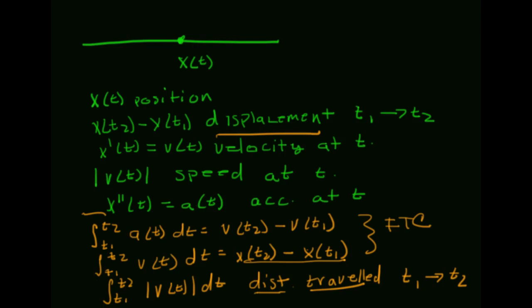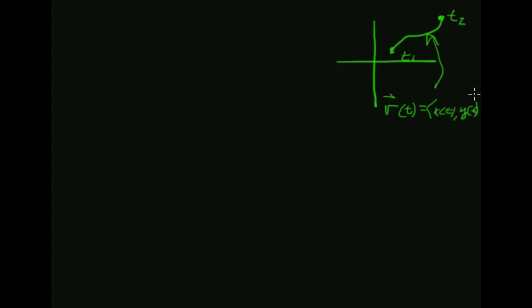Now let's look at the two-dimensional case. Okay, so some recalling of the drawing for the two-dimensional case here. You have a curve, a space curve that starts at time t1 and goes to time t2. And we use a vector valued equation where you have an x of t and a y of t to describe that space curve.